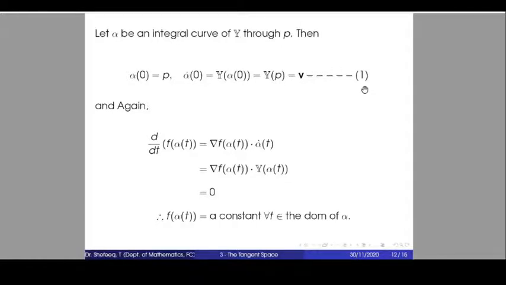This is equation number 1. And again, the derivative of f of alpha of t is del f of alpha of t dot alpha dot of t. Alpha dot of t means y of alpha of t, so the dot product of these is equal to 0. That means f of alpha of t is a constant for all t in the domain of alpha.